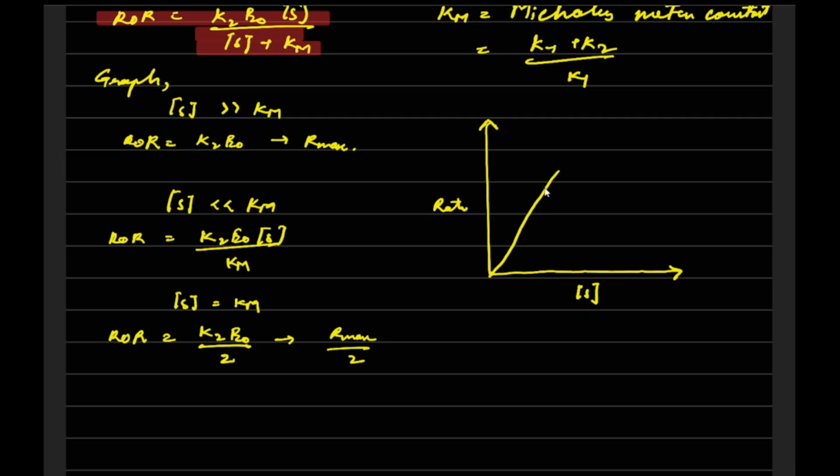Then from here, when the rate of reaction reaches a maximum point, it will be independent of the concentration of S, so it is R max. So it will be a straight path.